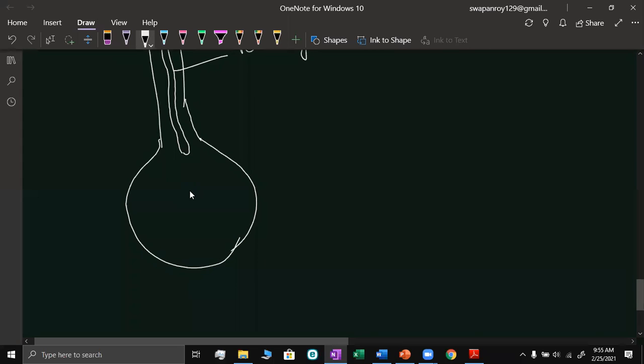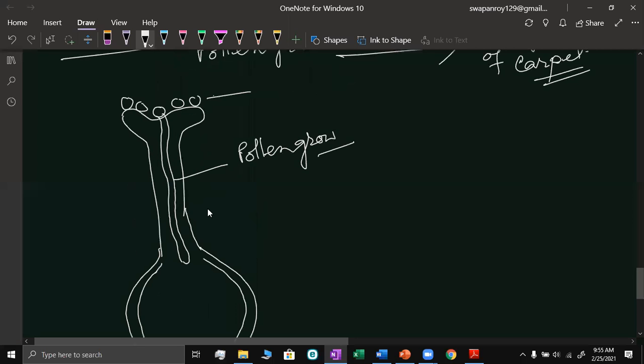Ultimately it reaches the ovary, and in the ovary there is the ovule. Then, in this pollen tube, the nucleus of the pollen grain has by this time produced two male gametes, or male nuclei.